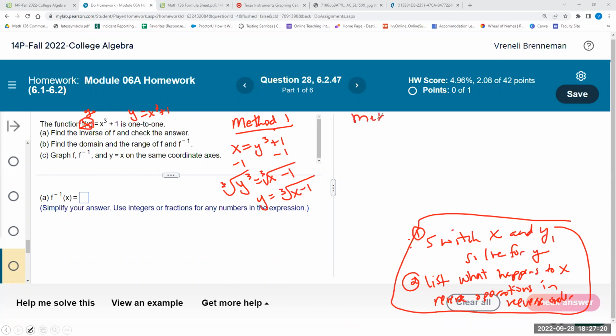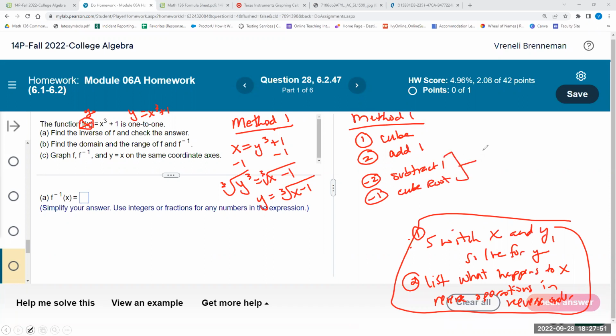Method 2, it's going to come out the exact same way, but we just think about it a little bit differently. So I'm going to list the things done to x in the x cubed plus 1. The first thing that gets done to x is a cube. The second thing, after you cube it, you add 1. So I'm going to undo those in reverse order. So I label these. Undoing step 2, subtract 1. And then undoing step 1, cube root to undo the cube.